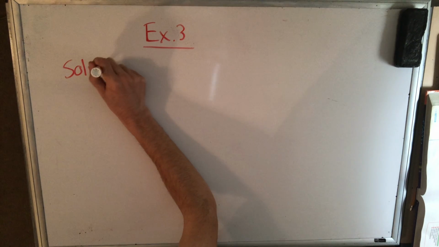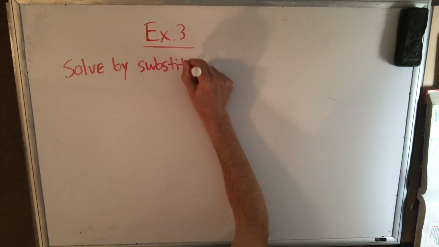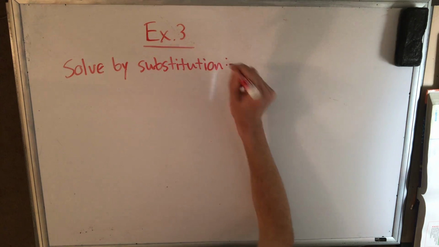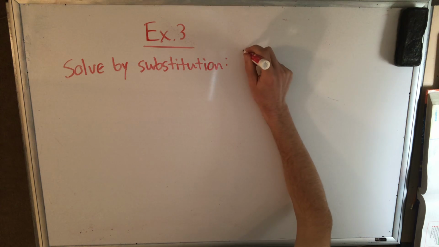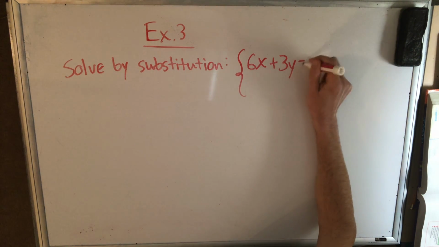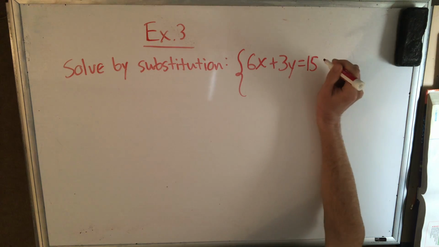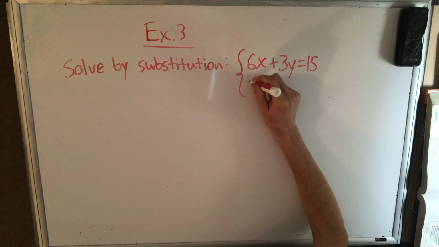We get 6x plus 3y equals 15. And the other equation given to us is 3x plus 3y equals 9.